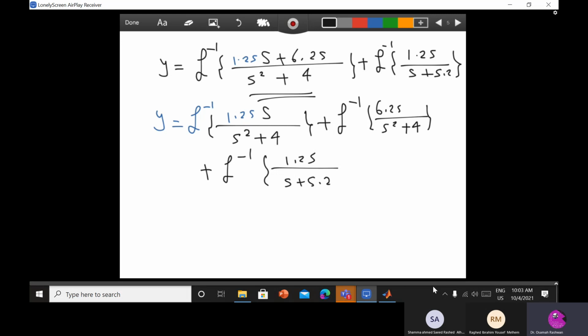I can take all of these constants outside because I know Laplace transform is just integration.